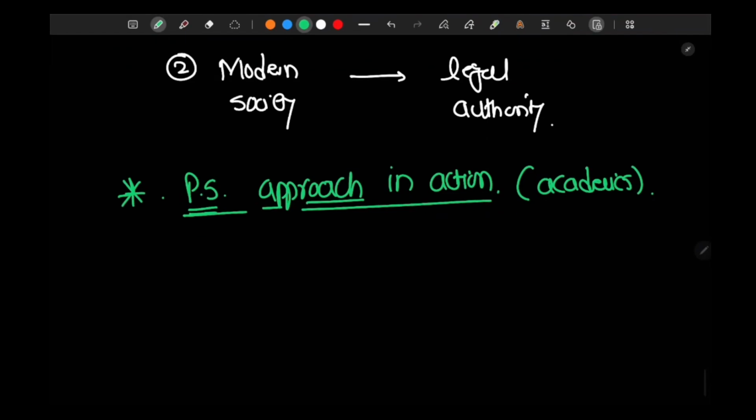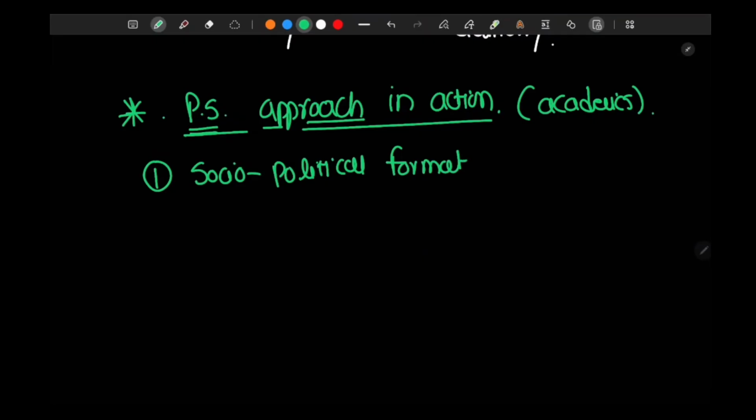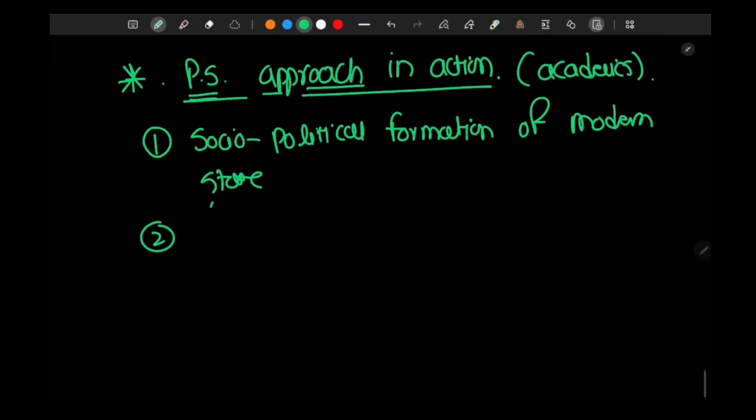What are the major approaches? First major approach is socio-political formation of modern state. Second major approach is social inequality between groups.